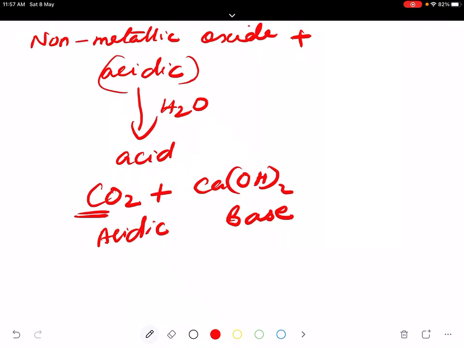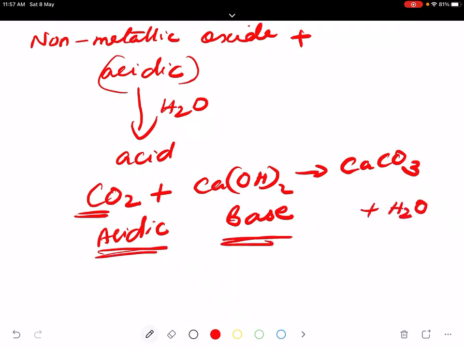You have seen this reaction, that is carbon dioxide when passed through lime water. Carbon dioxide when passed through lime water, what we got? Salt, that is calcium carbonate. Carbon dioxide, this is acidic, this is basic, you will be getting salt and water.